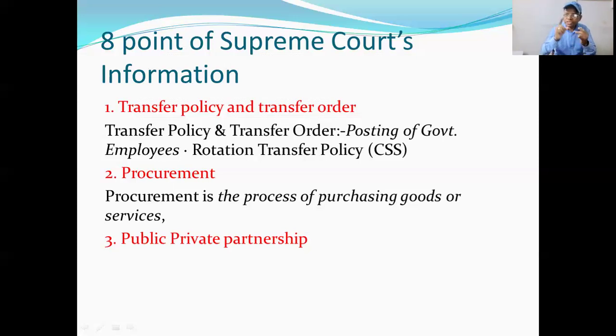For example, stationery, pen, pencil, white papers, xerox paper, chair, table, Godrej almirah, whatever may be necessary. On which basis are we purchasing the stationery goods or materials, tender basis or GeM portal? And on which basis are we disposing of the old, unused things? This matter we have to reflect under this procurement policy.